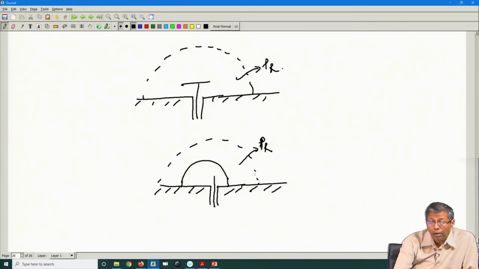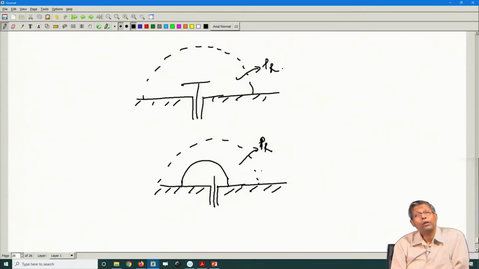So, I will surround this by an imaginary surface and find the integration of the real part of S dot ds over this surface in order to find out the radiated power. Okay. So, this is how we can find out the power radiated by an antenna.